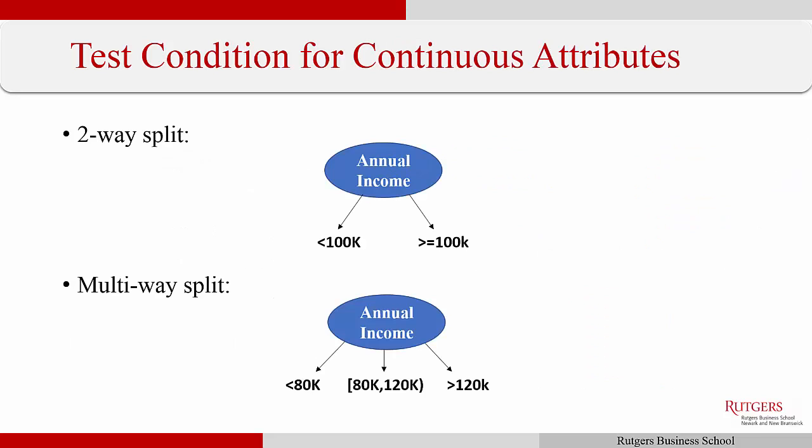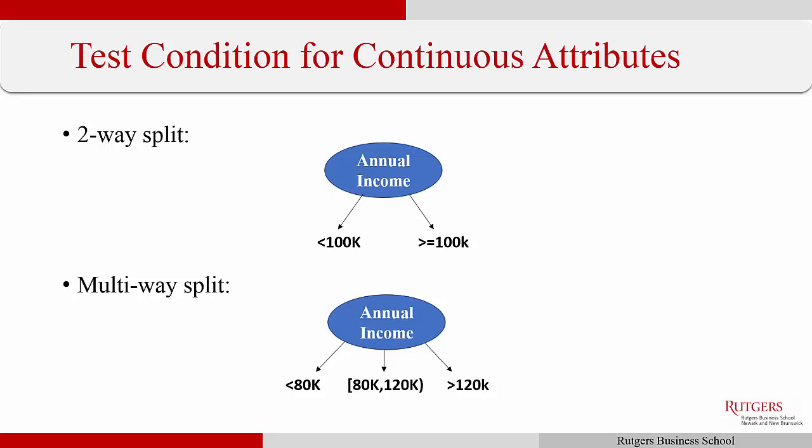And when we have continuous attributes, still we have these 2 ways. First, the 2-way split, the binary split. We can just find a cutoff amount and find the 2 subsets. For example, for the annual income, we can find the cutoff amount 100,000. So the first subset is annual income lower than 100,000, and the second subset is annual income larger than 100,000.